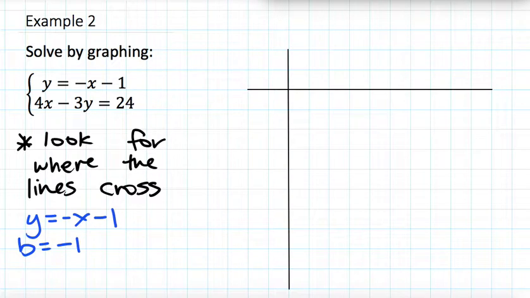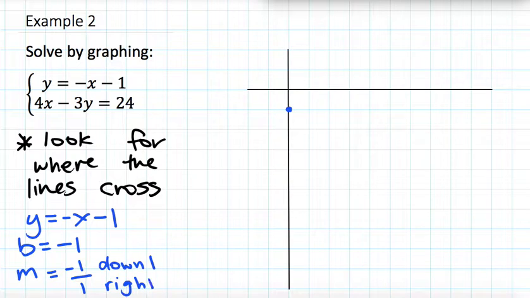So I'm going to plot a point on the y-axis at negative 1. M is a little bit trickier in this one because I don't see a number in front of x, only a negative sign. That means that m is negative 1. Write that as a fraction, put it over 1. This means that I'm counting down 1 and to the right 1.